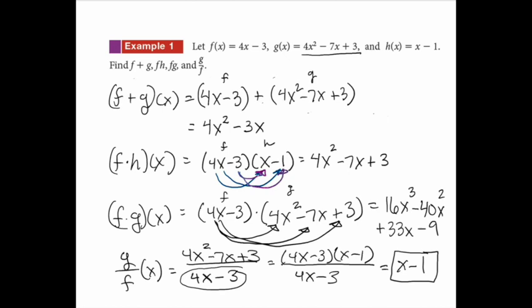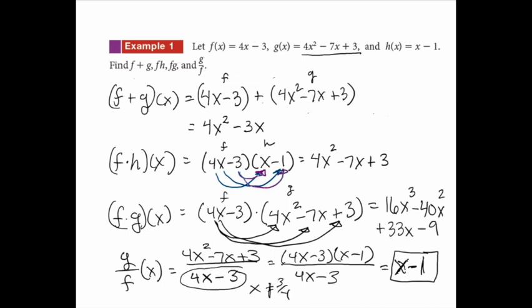Now, if I graph g over f, I'm going to get something that looks like a line. It's going to be x minus 1 when I graph it. However, you have to notice that 4x minus 3 is in the denominator, so I have to look to see what makes that 0. If I set 4x minus 3 equal to 0 and solve, I'm going to get that x is 3/4.